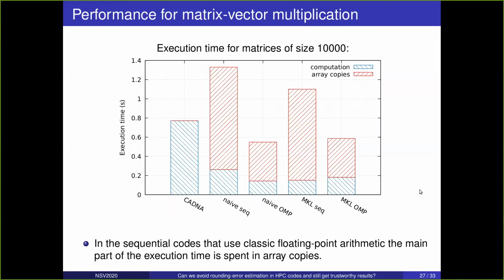So again, we want to see the time spent here for matrices of size 10,000, the time spent in computation and the time spent in array copies. And you can see that in the sequential codes that use classic floating point arithmetic, the main part of the execution time is spent in array copies. And as a recall, in the OpenMP versions, the array copies are parallelized.